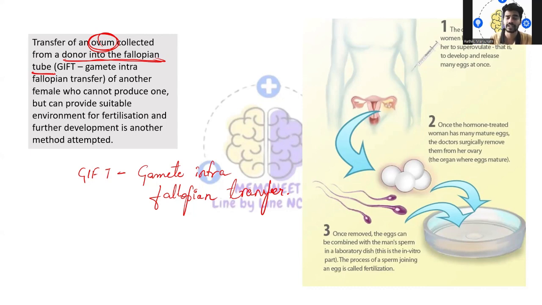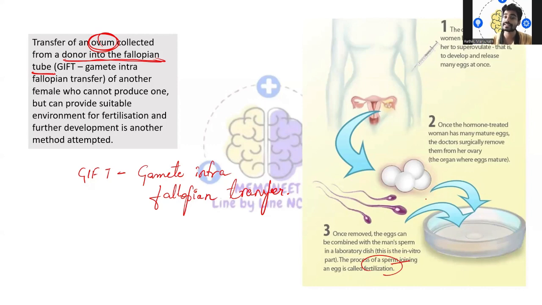And later, the egg is fertilized. First you collect the egg, that is the ovum, from the donor. Once the donor egg has been collected, the egg and the sperm are brought together in in vitro conditions, the procedure where sperm joins the egg and leads to fertilization.